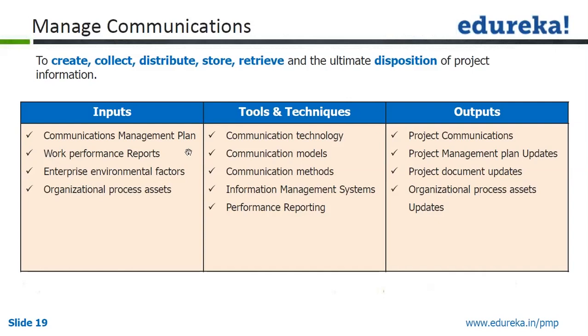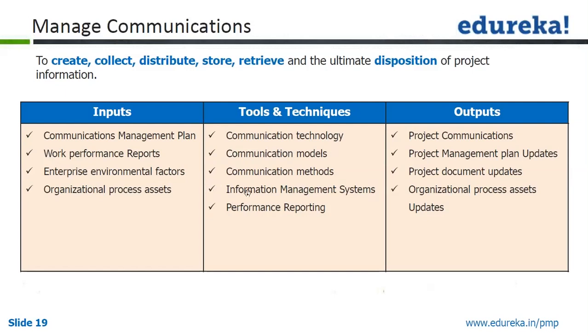This is what we are going to communicate using these tools and techniques, out of which we already saw communication technology and communication methods. So we'll talk about the communication model. The basic communication model we are going to cover in a subsequent slide.